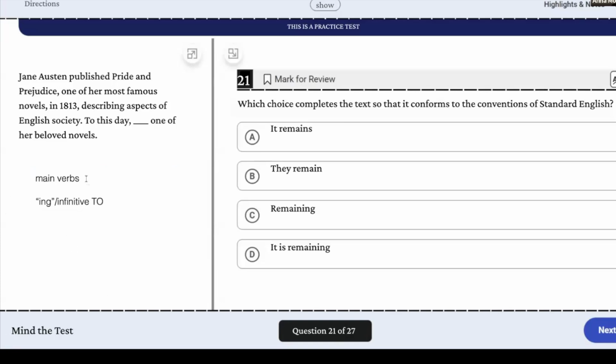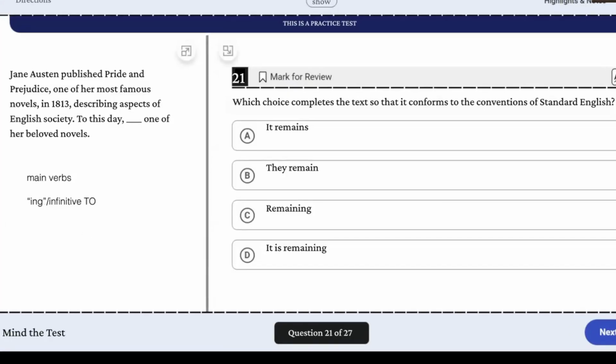For example, we can say I swim, or he swims, or they are swimming, but I wouldn't say I to swim. We could say I am going to swim, but I to swim, it's just missing something. So these ing or to do verbs, they're not main verbs.